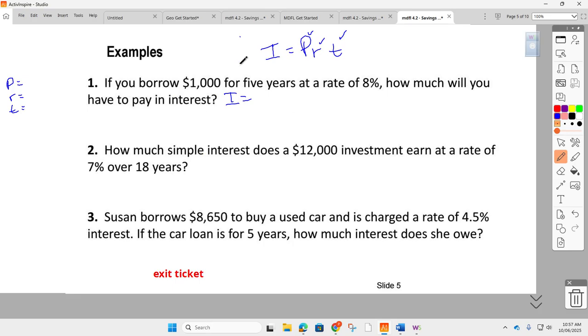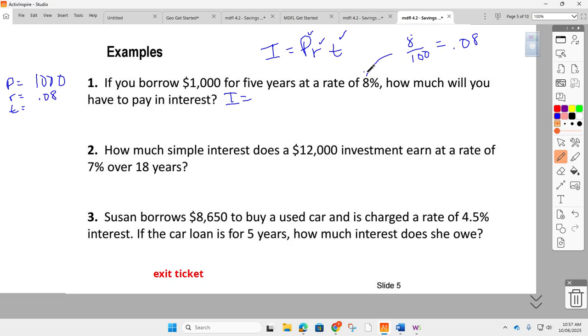So the principal for number 1 is $1,000 because that's what they're borrowing. That's what they're going to pay interest on, $1,000. The rate is 8%. So you drop that percent, take the 8 and divide by 100. So the rate as a decimal is 0.08.